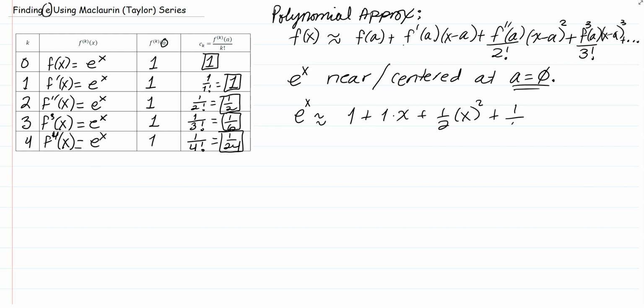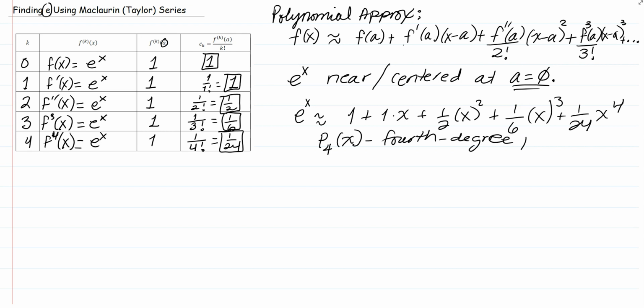And it's going to be 1 over 6 x to the third plus 1 over 24 x to the fourth. This is what we call P4 of x, which is the fourth degree polynomial approximation for e to the x near 0.